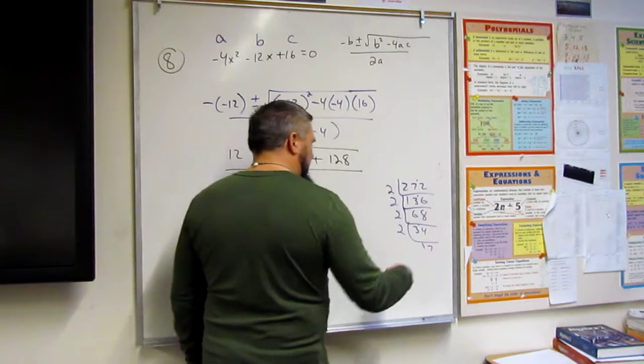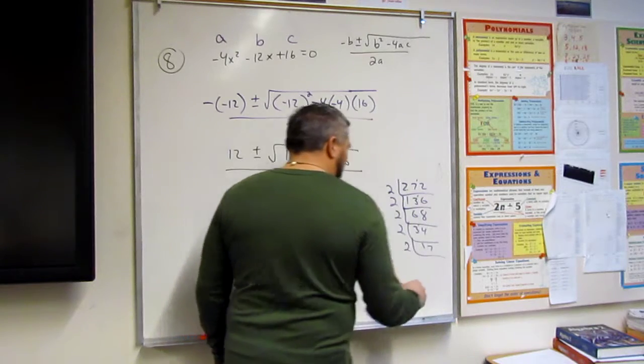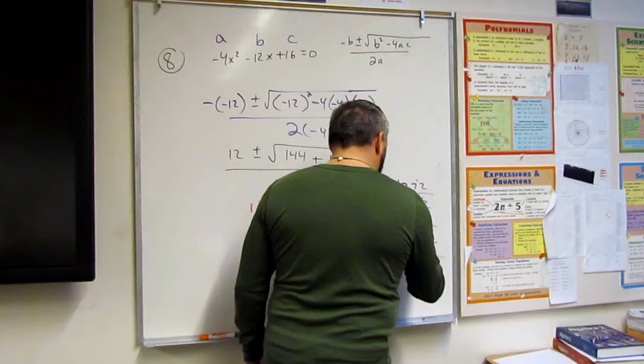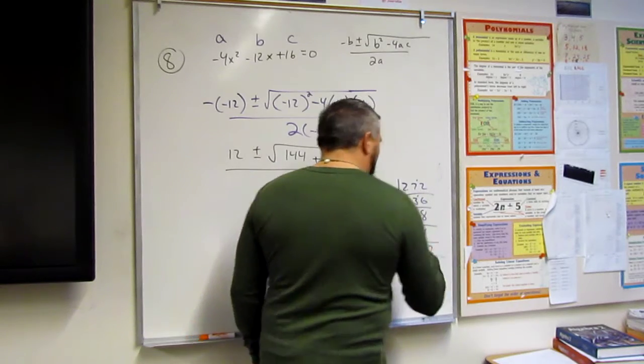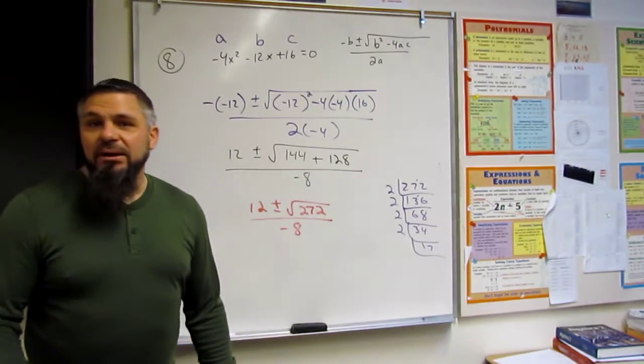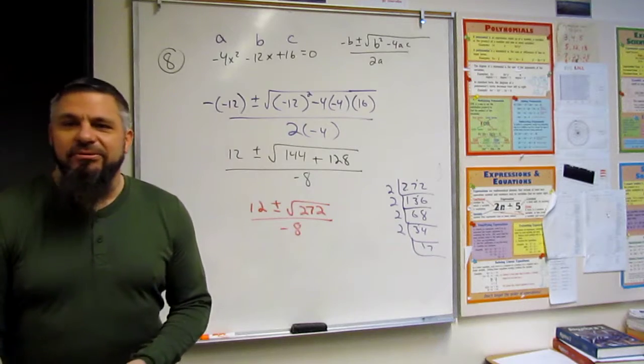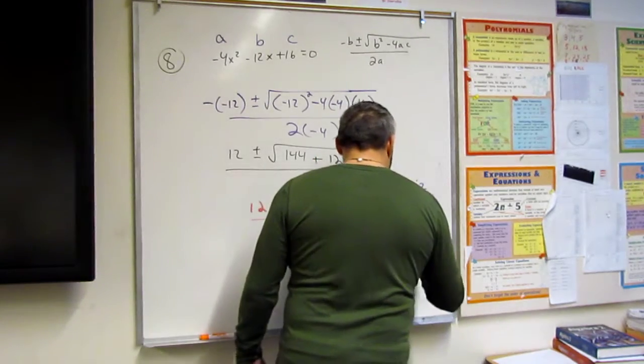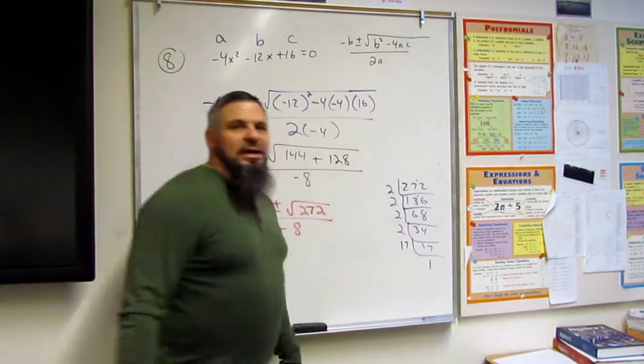Look, there's a 17 up there. And then 2 would be what, 8? No, you can't do 2. That's 17. So 17's prime, right? So 3 won't go into it, 5 won't go into it, 7 won't go into it, 11 won't go into it, 13 won't go into it, but 17 will one time.